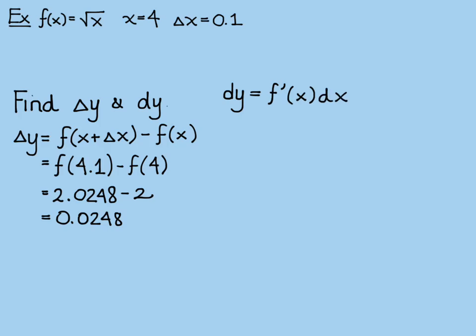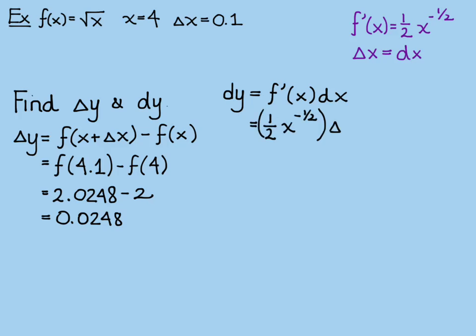dy, on the other hand, is found by taking f prime of x times dx, just like we saw in the previous slide. So the first thing I have to do is find f prime of x. We know from experience that f prime of x is 1/2 x to the negative 1/2. And remember that delta x is the same thing as dx. So 1/2 x to the negative 1/2 times delta x is the same thing as 1/2 times 4 to the negative 1/2 times 0.1.